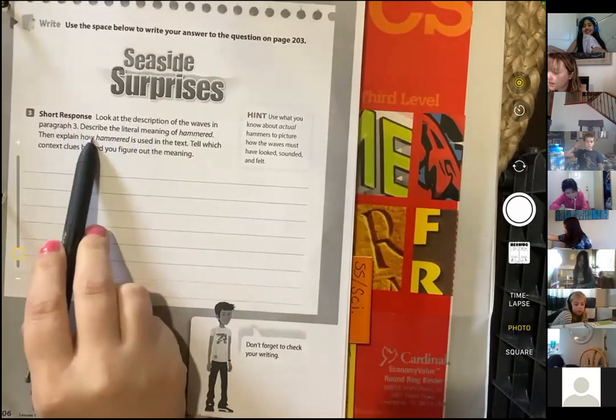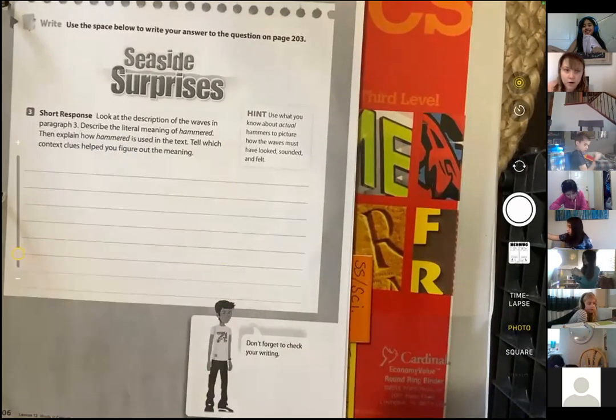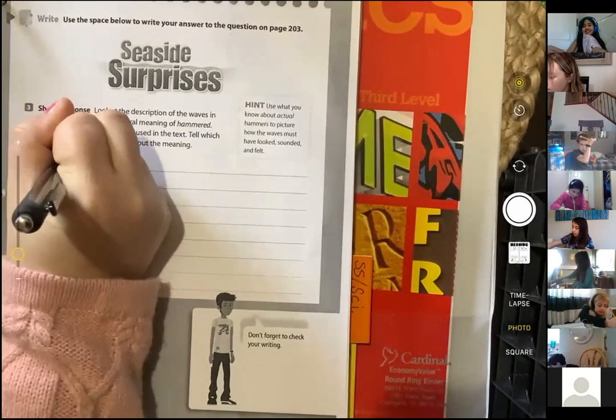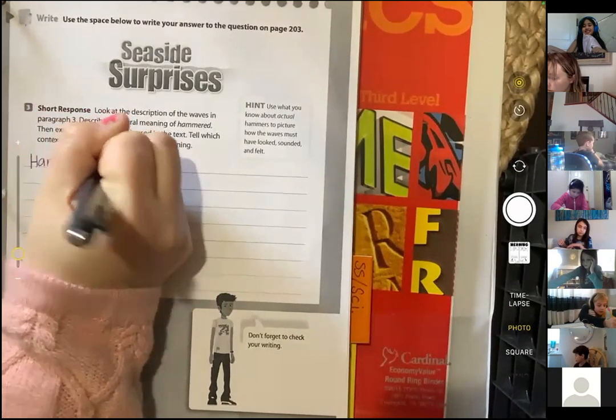So first it says, describe the literal meaning of hammered. That's the first thing we're going to write. So we're going to say, hammered. We're going to use that word.